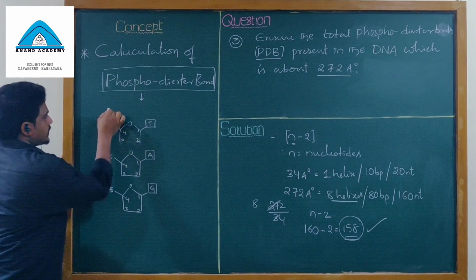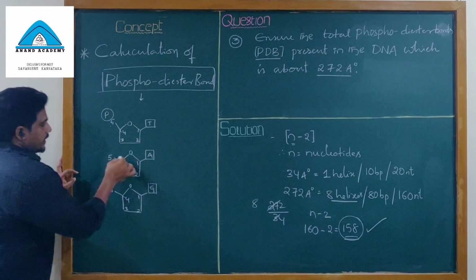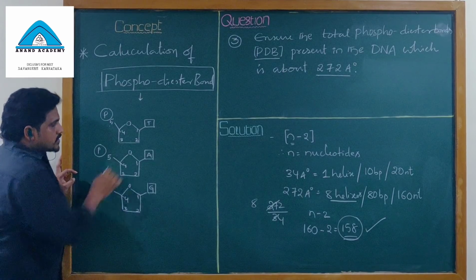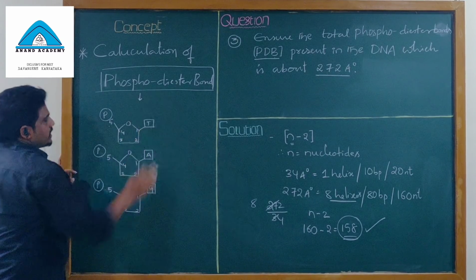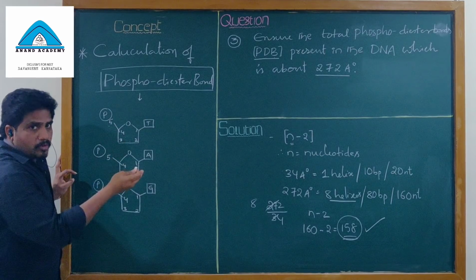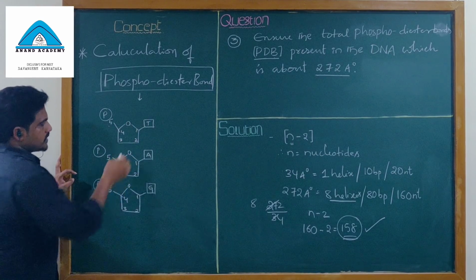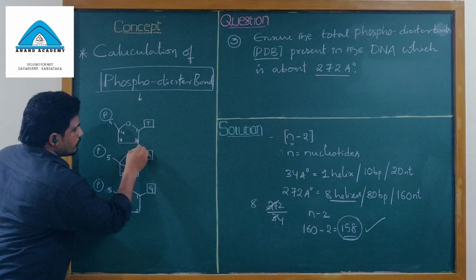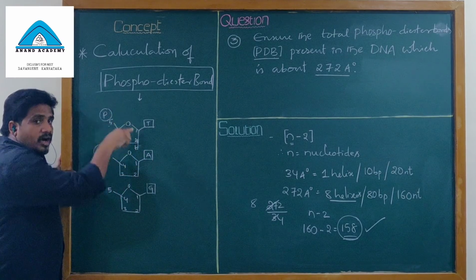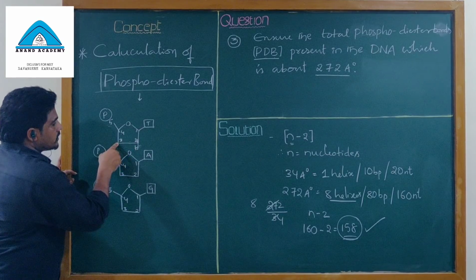At the 5th carbon a phosphate is there, no doubt, and here also a 5th carbon phosphate is there, and here also. The first carbon has H and OH, and it is already coupled by a glycosidic bond with the nitrogen base. And on the second carbon, what will be there? An H will be there, not OH, since it is DNA. In the RNA sugar it will be OH. On the 3rd carbon, what will be there?